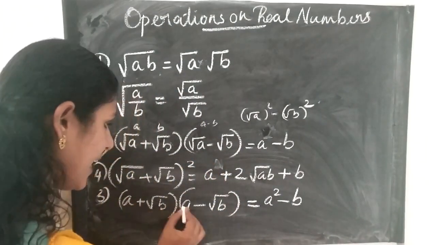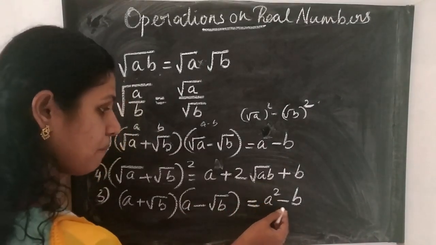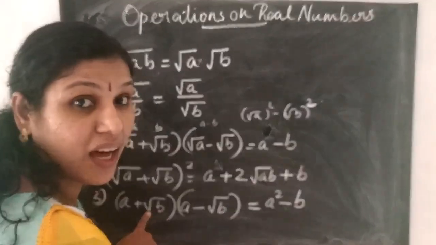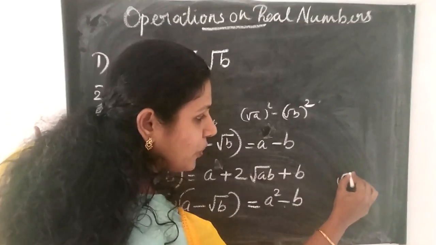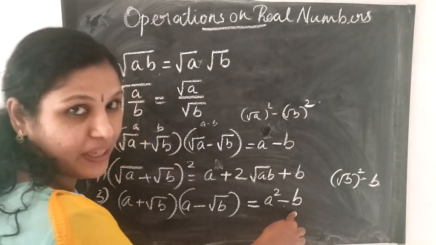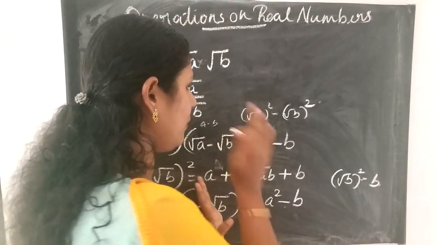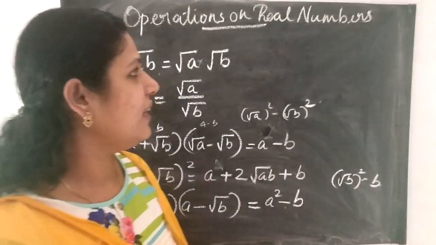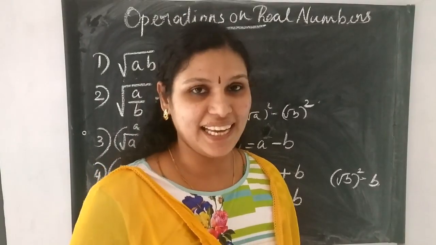Like that, here root A square is A, and root B square is B. So we write B. Now you know this identity. Now we are going to the next exercise.